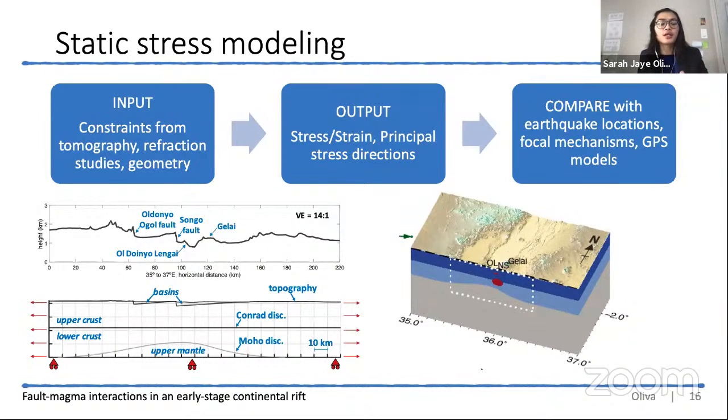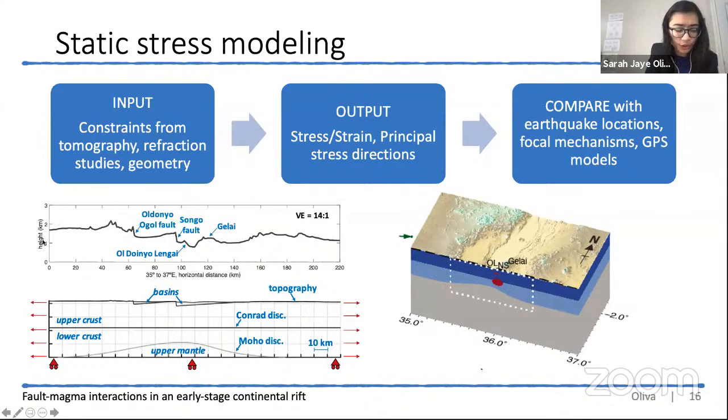Remember, the stress indicators that we were looking at were mostly concerned with stress direction. So the principal stress direction was a way to relate the model and the data. I will compare these model results with data sets such as earthquakes, focal mechanisms, and GPS models.